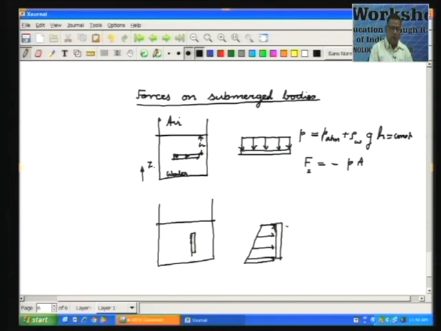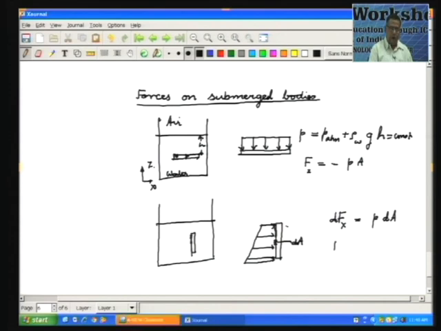Now, if you want the net force on the surface, you have to integrate. It is not simply the pressure into the area, because we do not know which pressure to take. So, if I take a small area element here, if you call it dA, an infinitesimal area element, and if I call this x, we are now interested in the force in the x direction. So, dF_x is going to be the pressure at that point into dA, and this pressure is now varying with the vertical height.